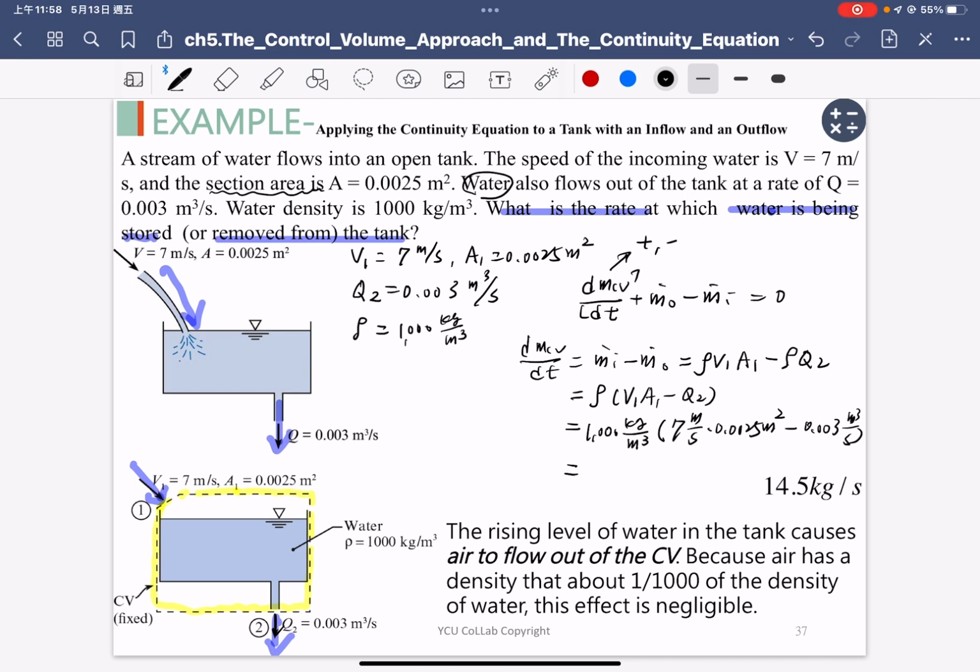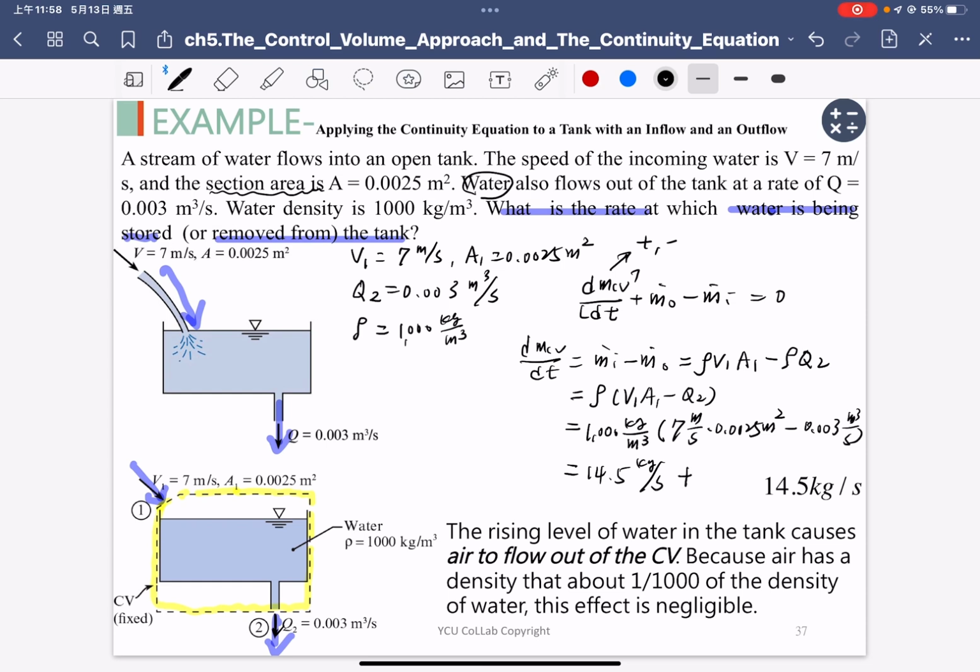Okay, so you can calculate the final answer by yourself, and I double check the number is correct or not. It will equal 14.5 kilograms per second. So it is positive.